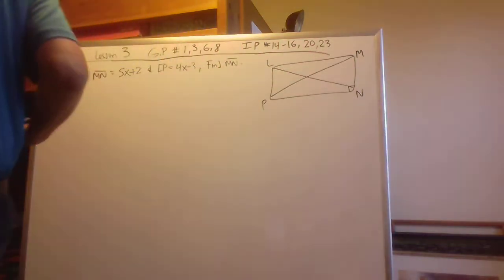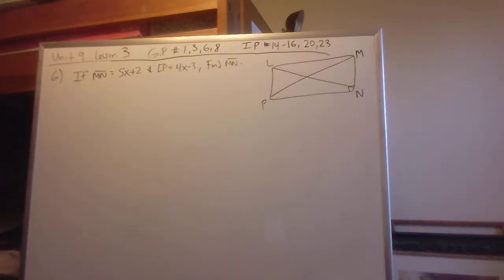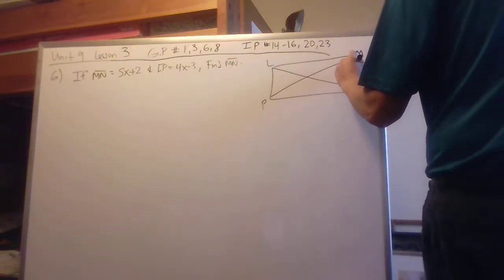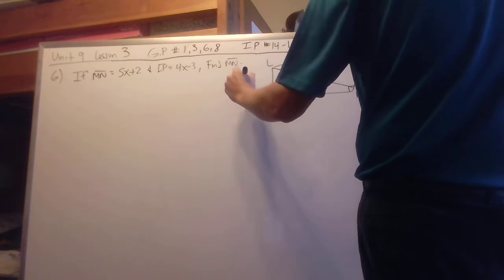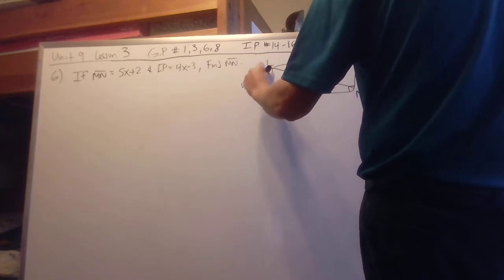All right, so what we're going to do is label the diagram. We know that MN is 5x plus 2 and LP is 4x minus 3.